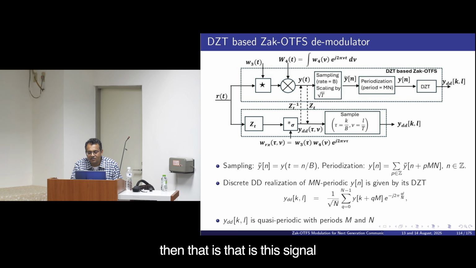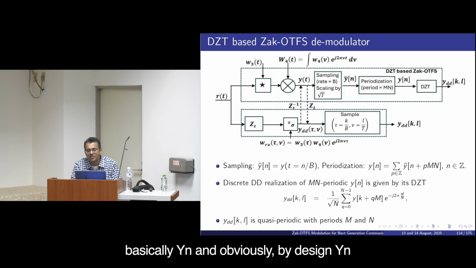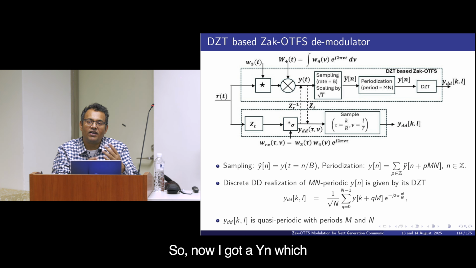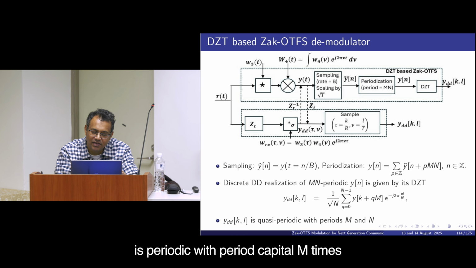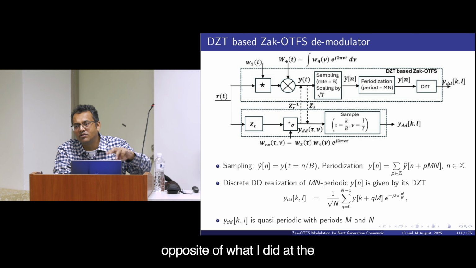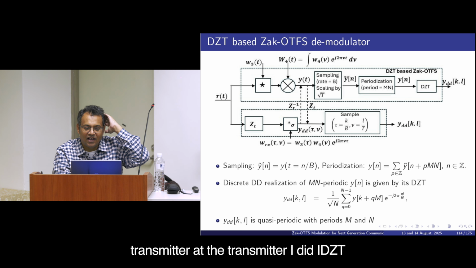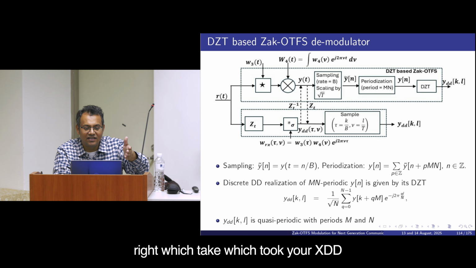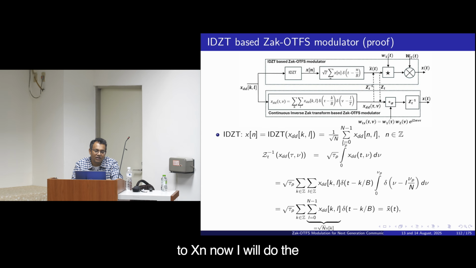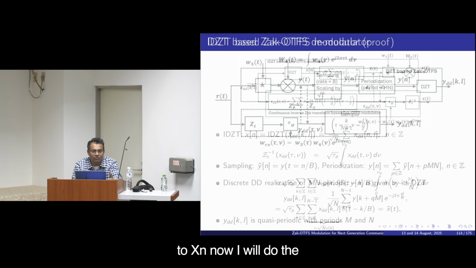Then that is this signal y[n], and obviously by design y[n] has to be periodic with period MN. So now I got a y[n] which is periodic with period capital M times capital N, and I can do the opposite of what I did at the transmitter. At the transmitter I did IDZT, which took your x_DD to x[n]. Now I will do the opposite.